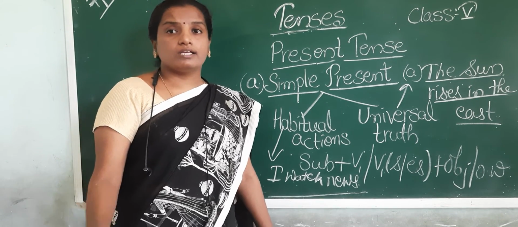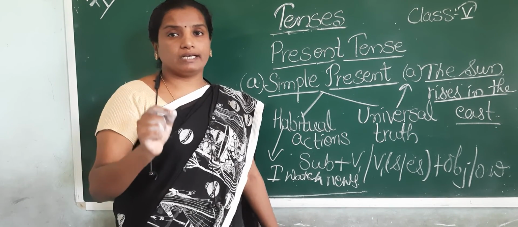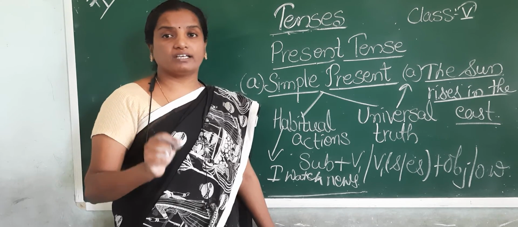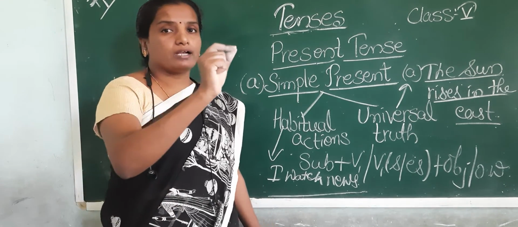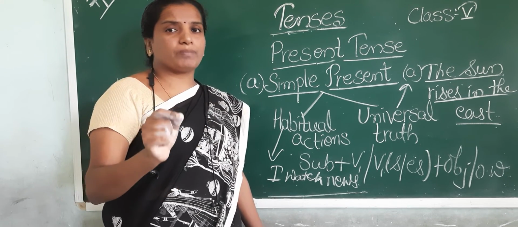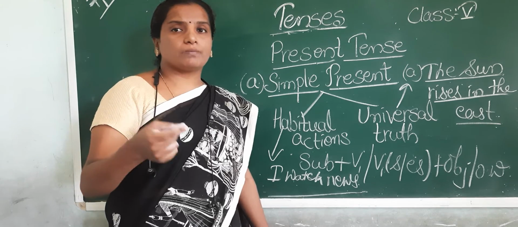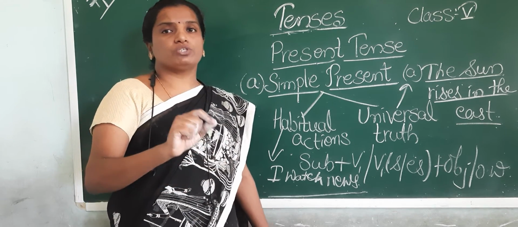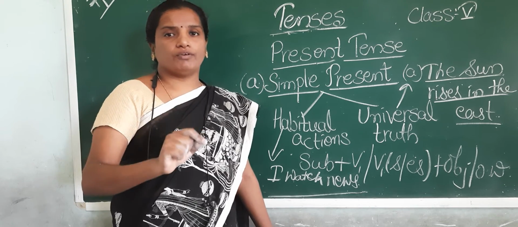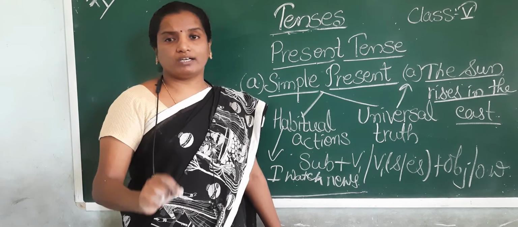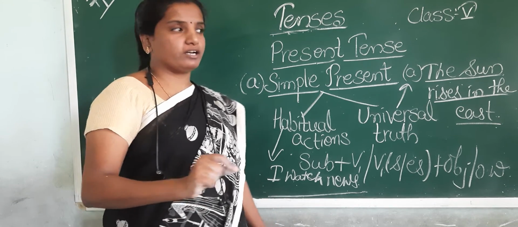What are they? Simple present, present continuous, present perfect continuous, and past tense: simple past, past continuous, past perfect continuous. Coming to the future: simple future, future continuous, future perfect continuous. Is it clear, children?